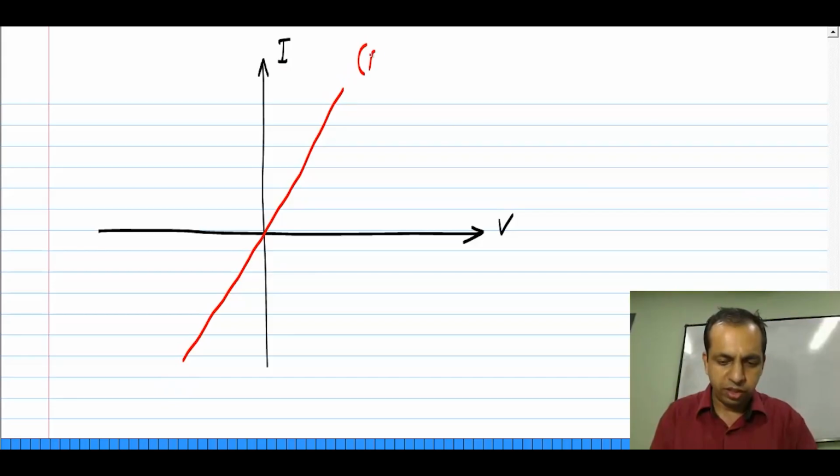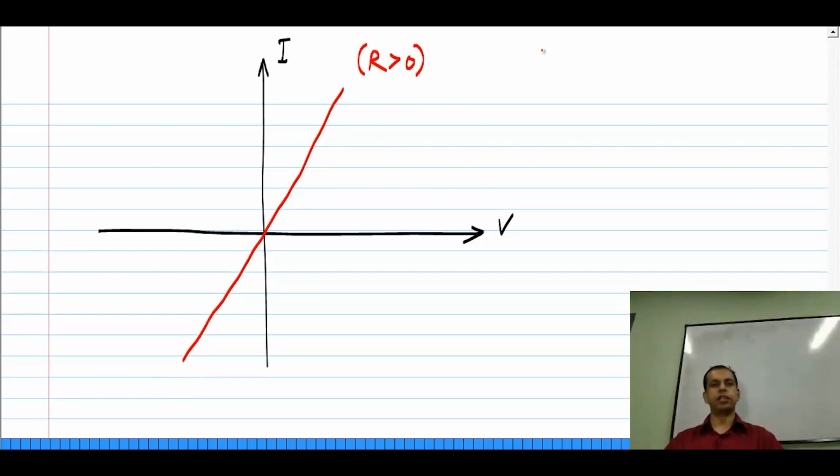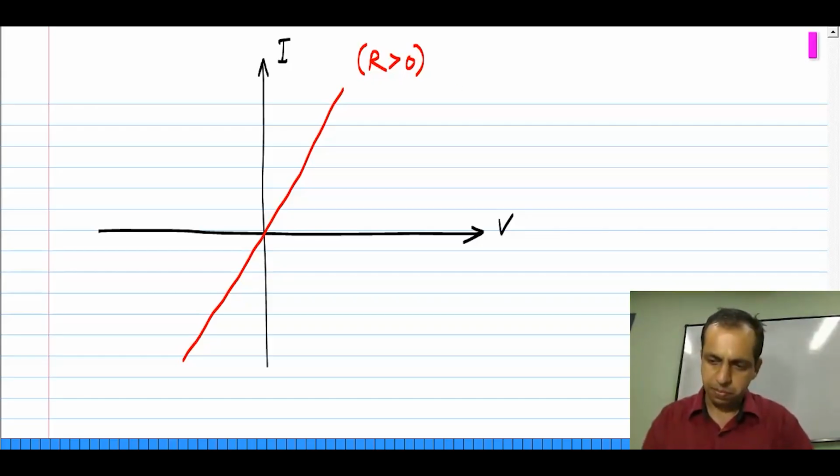Again, I am considering the resistance to be more than 0. We do not consider negative resistances here. We consider physical resistors here, which have a positive resistance. So, now the characteristic is a straight line which passes through the origin.